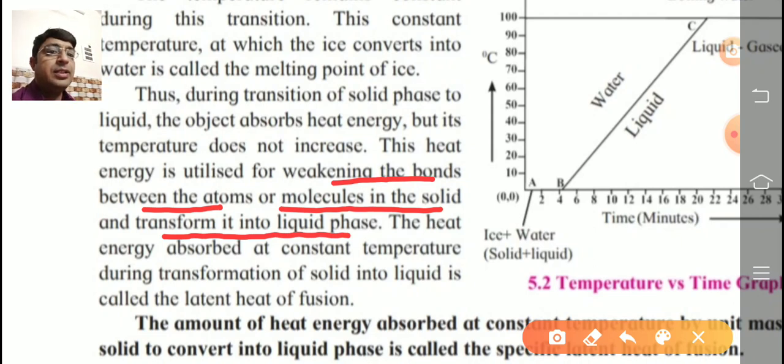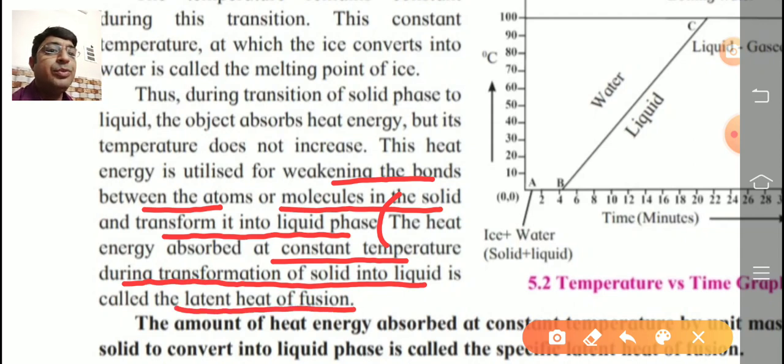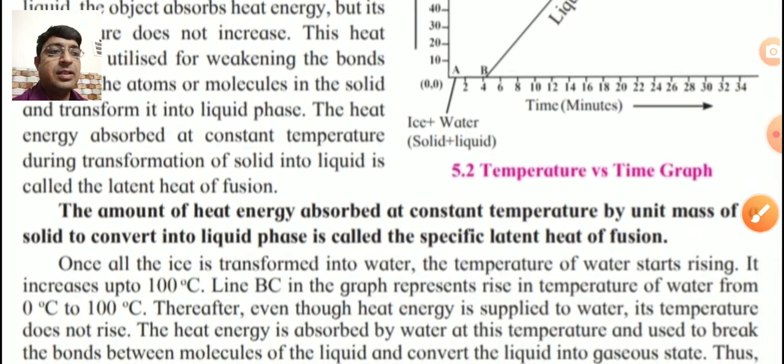The heat energy absorbed, so mark the next definition. The heat energy absorbed at constant temperature during transformation of solid into liquid is called latent heat of fusion. What is that called? Latent heat of fusion. So you mark that answer properly with the help of a bracket. Next.